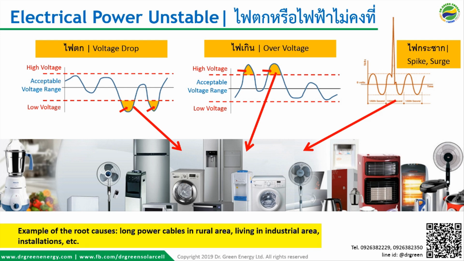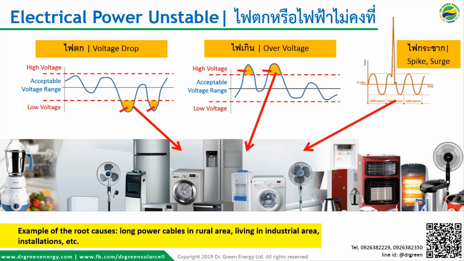The symptom of unstable grid power is that sometimes the lights dim by themselves. You can notice that even the fluorescent or just the bulb lights dim, and then in a short time they come back again, and this sometimes happens during peak hour.